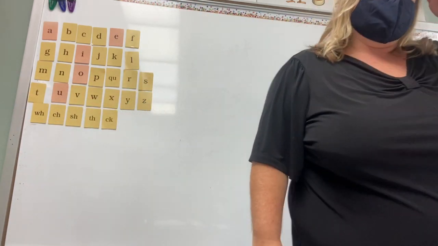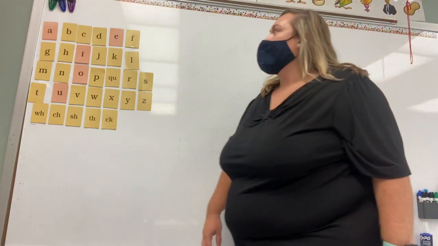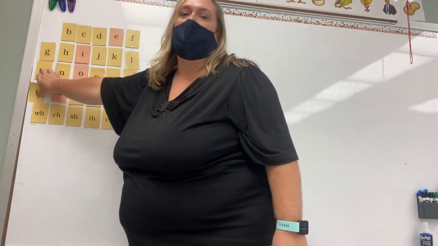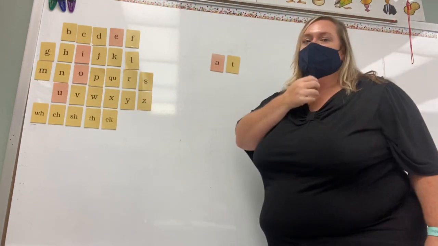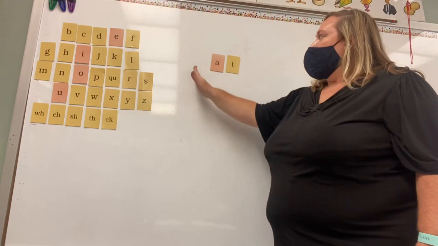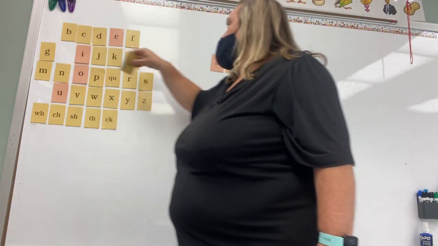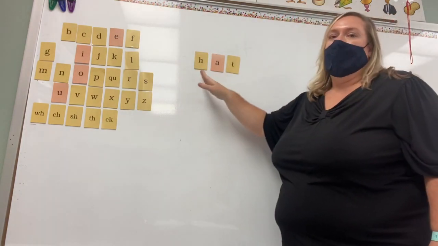Put it back. And let's work on another word with AT, and this word is hat. So like I said, all our words are going to have AT, so we can leave those right there. This word is hat. At. So all I need to do is put an H right there to make hat.